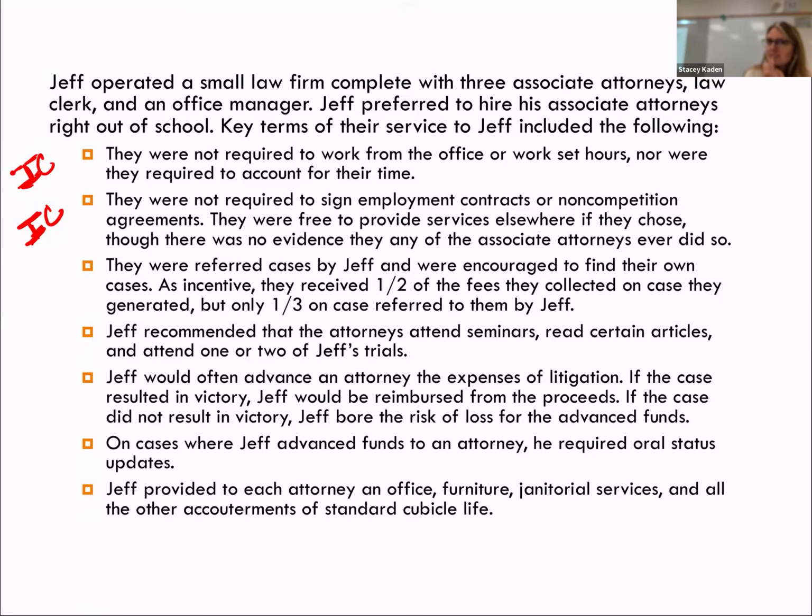Kind of both. This part, encouraged to find their own cases, that would be independent contractor. Referred cases by Jeff, that would be an indication of an employee. So we kind of have a mix there.